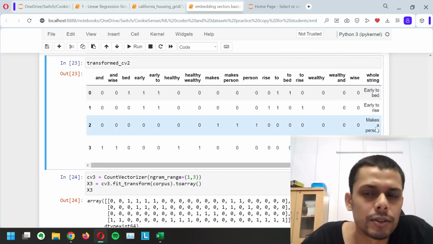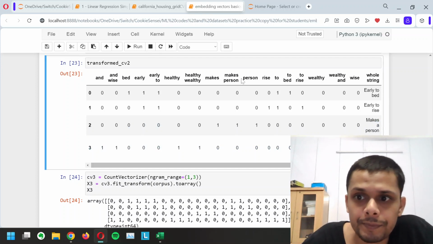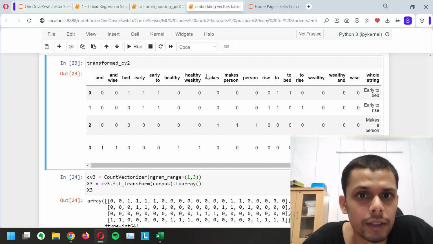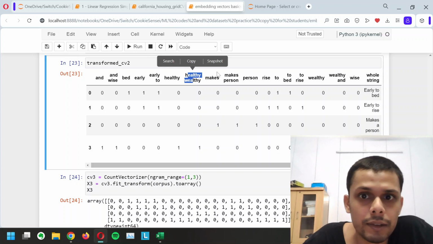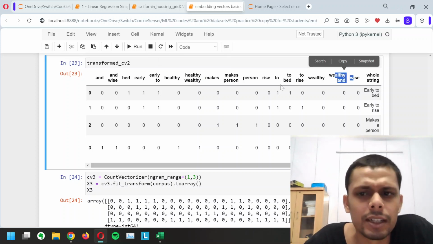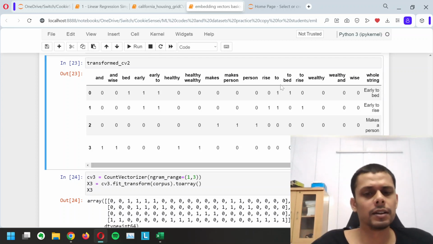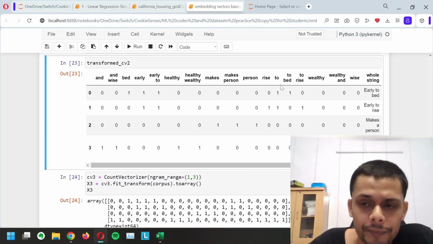Oh yeah, actually "a" is a stop word, so we have removed the stop word "a". So it should be "makes person". And healthy, wealthy, and wise should be like "healthy wealthy". You will find something somewhere. Healthy, wealthy, right here. "Wealthy wise" should be somewhere as well. Yeah, and you get the gist now. What's going on is we are trying to preserve the sequence of two consecutive words.